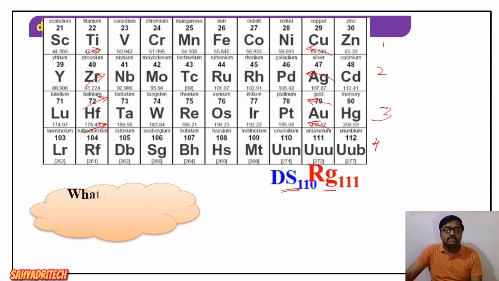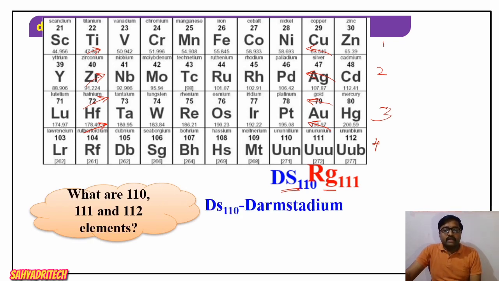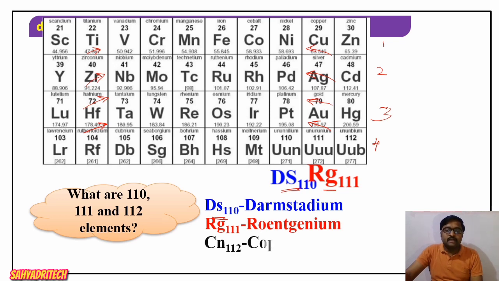What are these 110, 111 and 112 elements? 110 Ds is named Darmstadtium, 111 Roentgenium and 112 Copernicium. So these 3 elements are newly discovered and added to the periodic table.